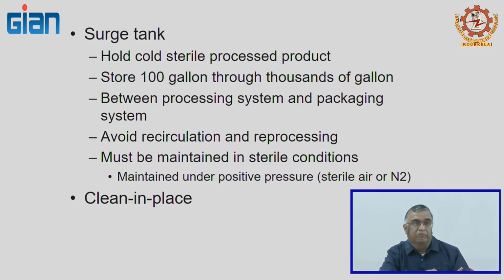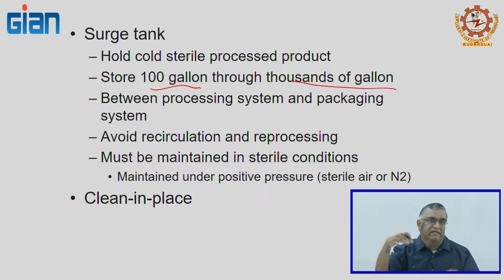Then once you process it, you can dump all the processed product into an aseptic tank. Normally, you may be thinking, what is the capacity of such a tank? You may be thinking 50 gallons or 100 gallons, but you may have 100 gallons to thousands of gallons capacity. These are humongous tanks.